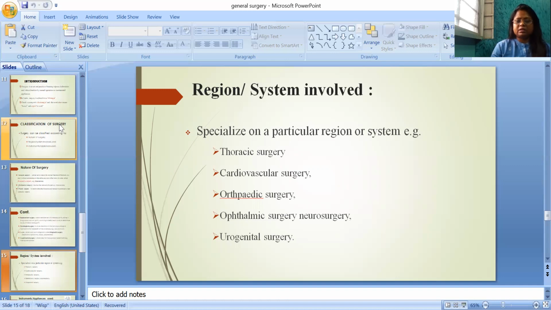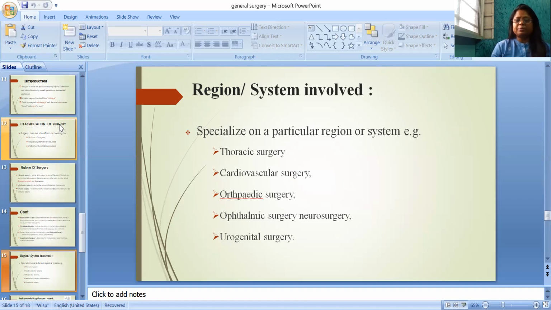Another is cardiovascular surgery. If there is any disease related to the heart, then you have to do cardiovascular surgery. Orthopedic surgery is related to bone.